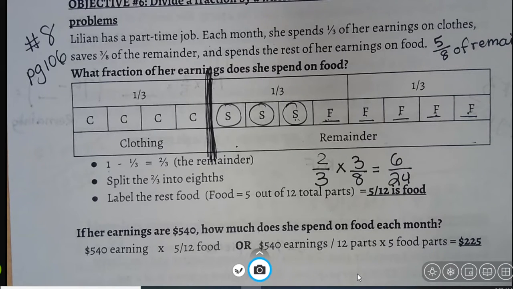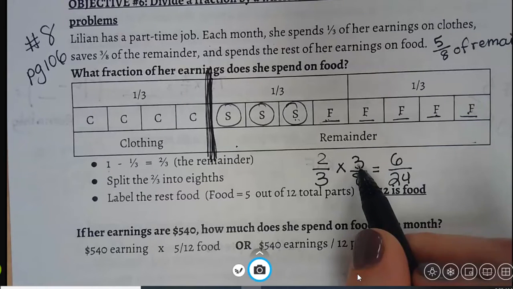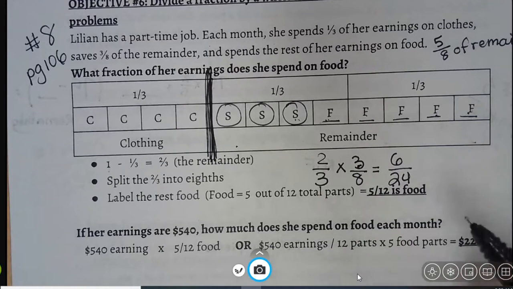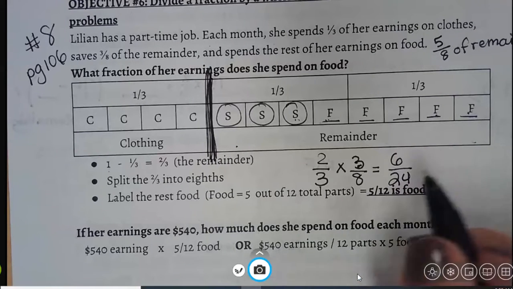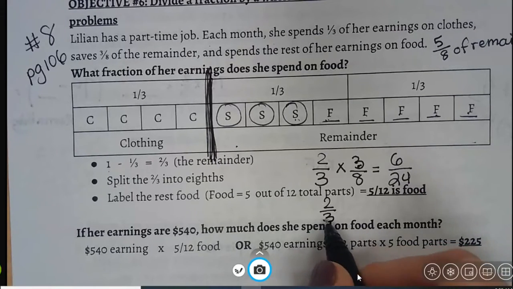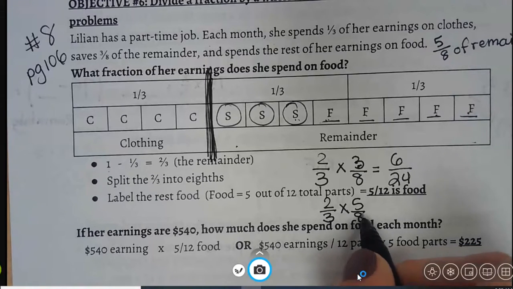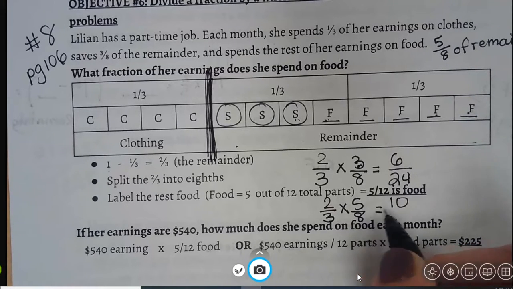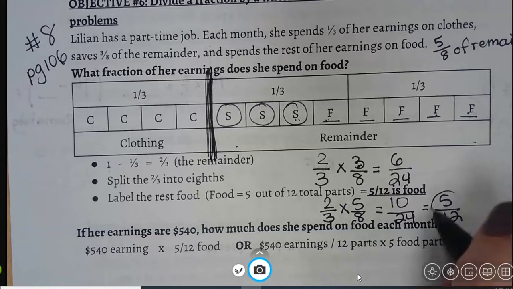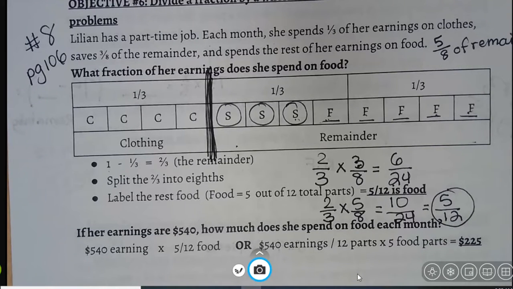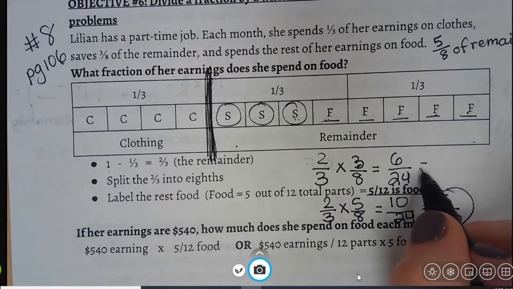And so I know if this is the amount she saves of the remainder, I know that she keeps 5/8 for the food. So 2/3 times 5/8 would be 10/24, which simplifies to 5/12, which is your answer. So if I had simplified this amount, it would have been 3/12.